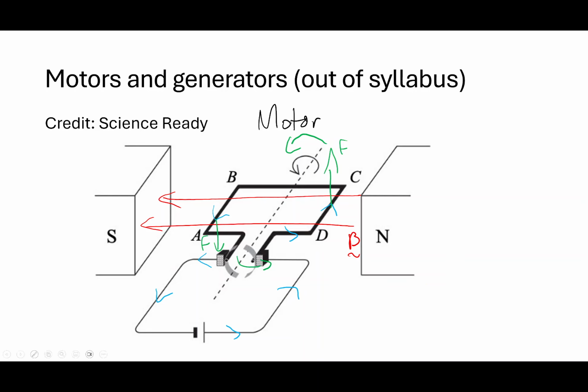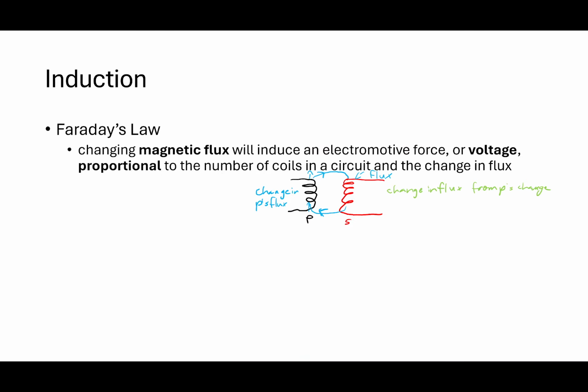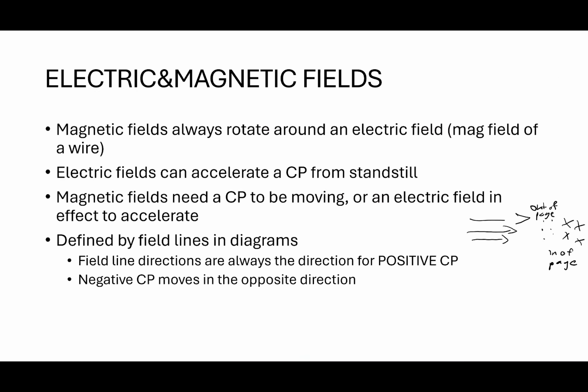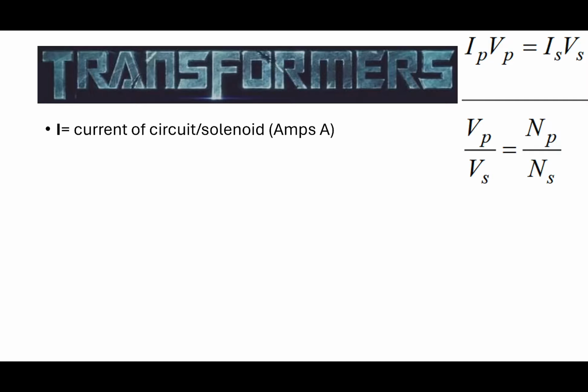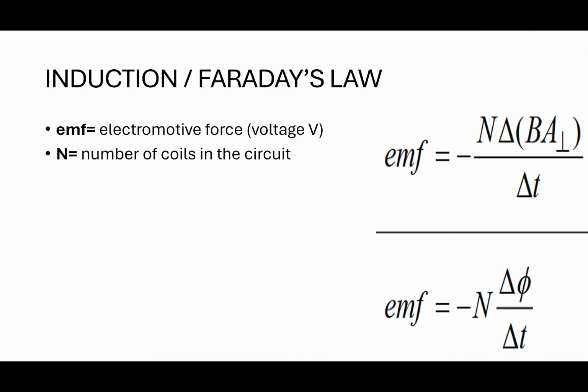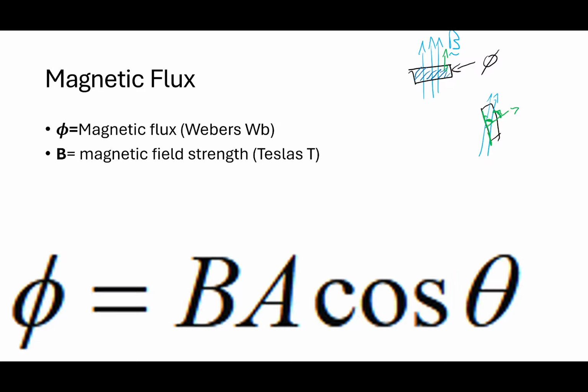Would we have to do vector calculation stuff? Technically you do, but it's included in the formulas. Like if we go back to magnetic flux, BA cos theta, that's just the dot product, isn't it?